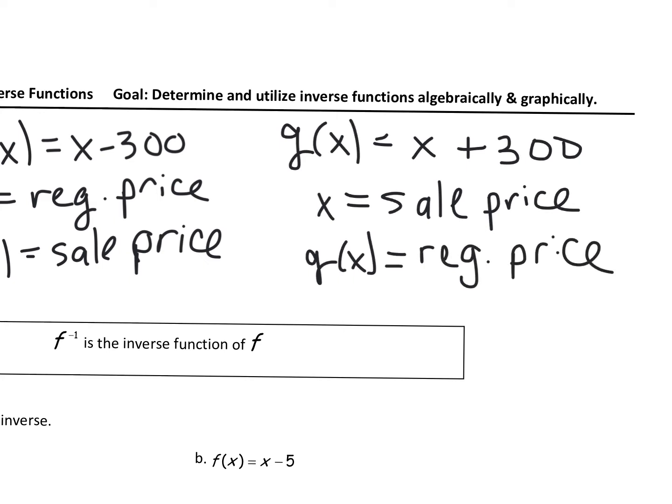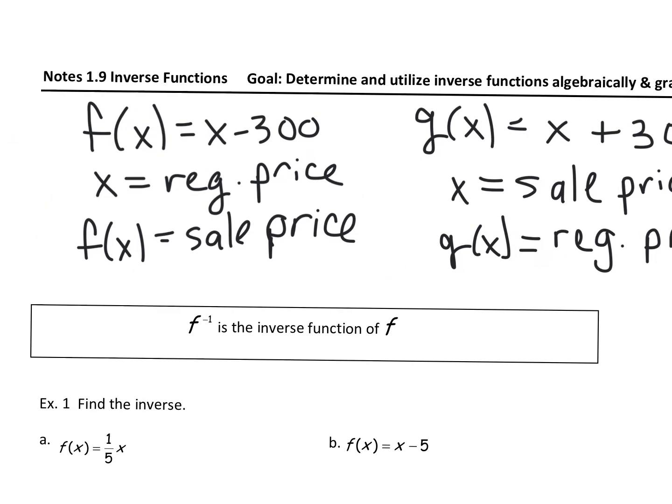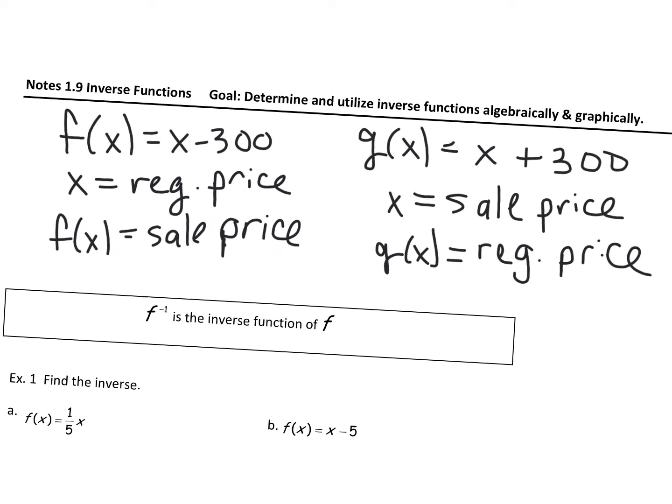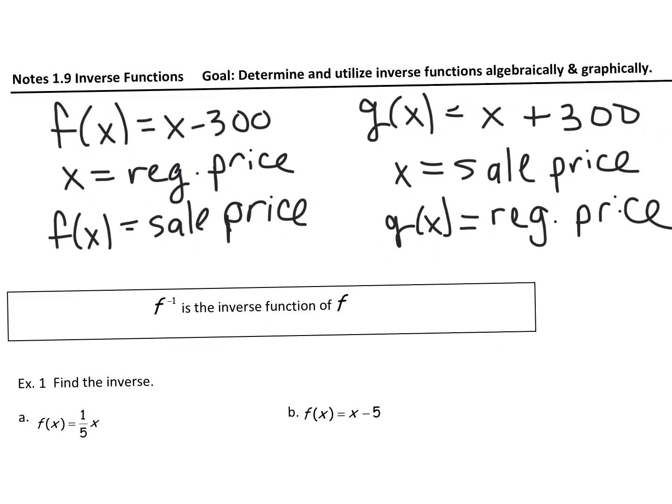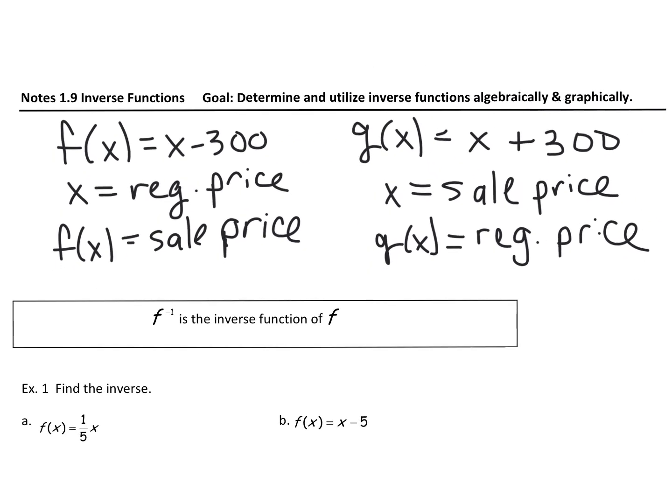So this is the definition of inverse functions, where you simply interchange the x and the y, and you have some algebraic relationship between them. There are some patterns in there that we're going to look at. We're also going to look at how we can test if two functions are inverses of each other.